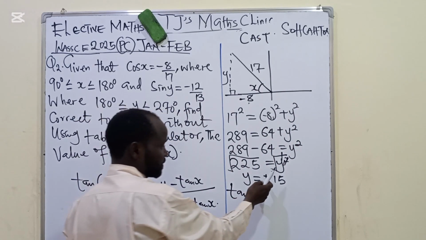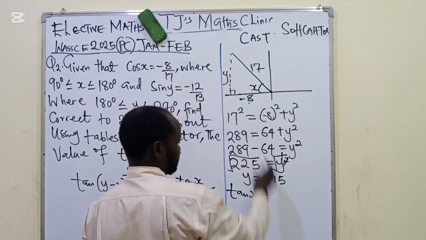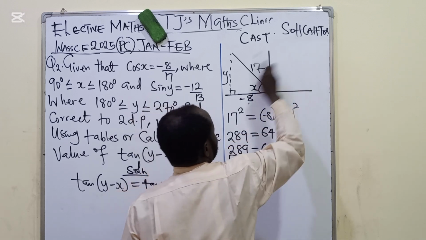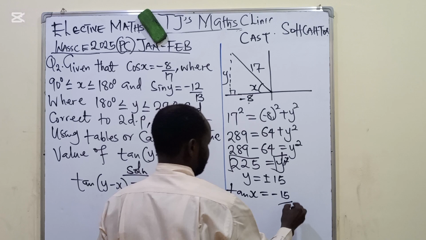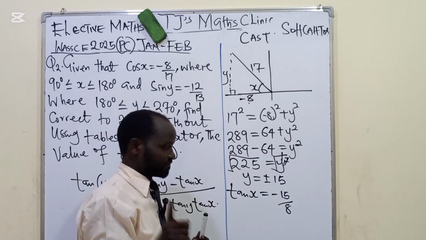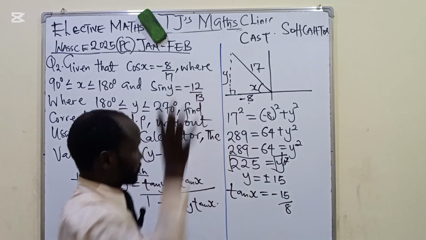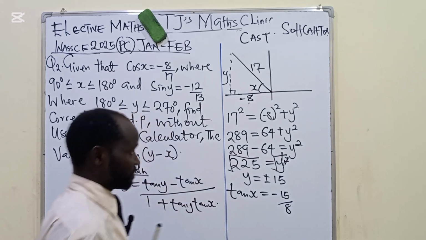So we pick positive 15 as our opposite, so that tan x is opposite over adjacent, which is 15 divided by minus 8, that is, minus 15 divided by 8.